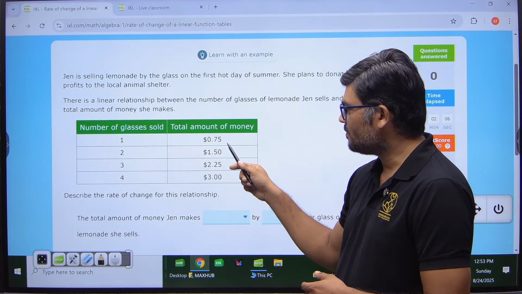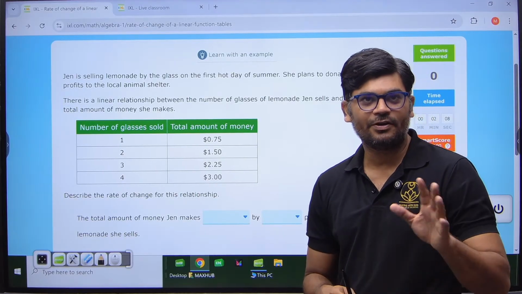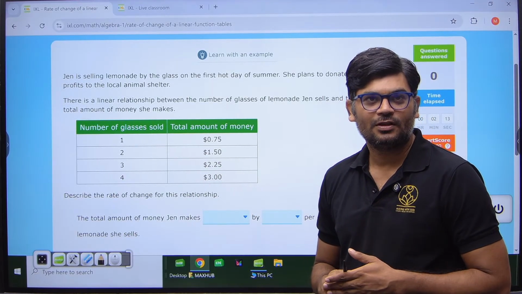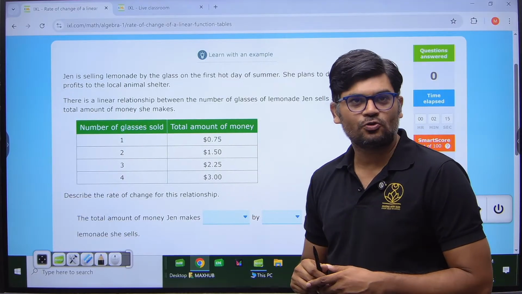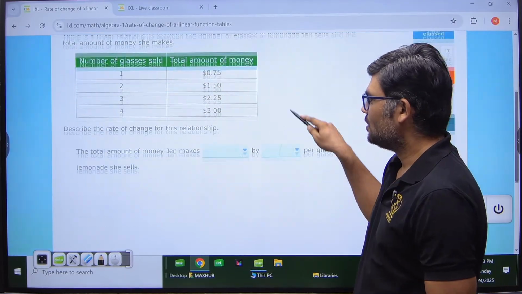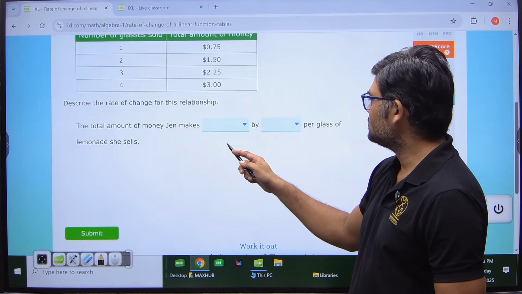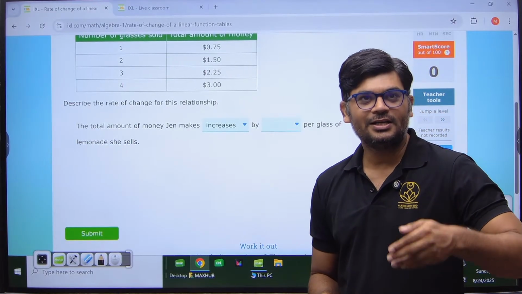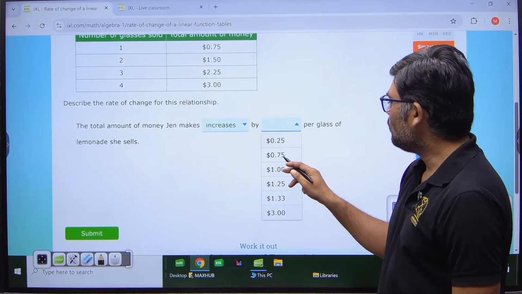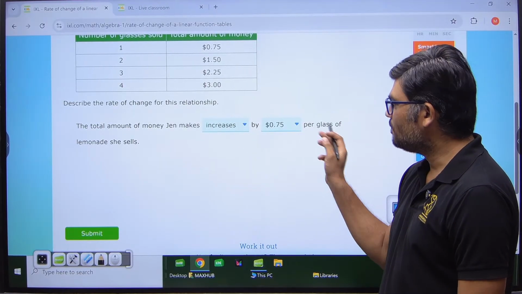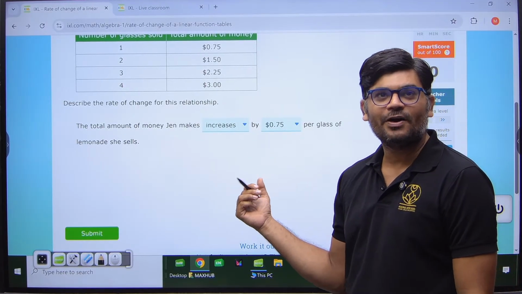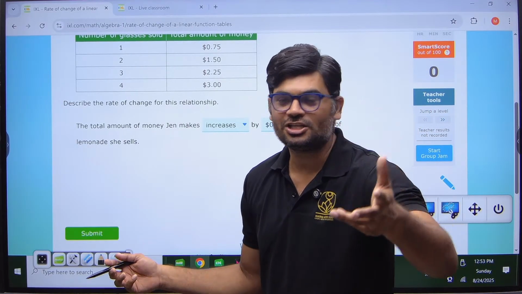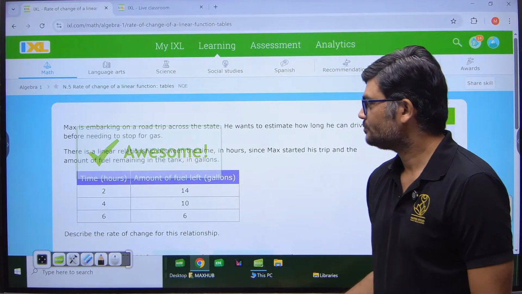Can you see it is being multiplied by the same number, 0.75 only? Yes. The double of 0.75 is 1.5. The triple of 0.75 is 2.25. It goes like that. So the total amount of money Jen makes increases. Are you getting it? It is increasing. Yes. By what dollar? $0.75 per glass. So 0.75 is the rate at which it is changing. Are you getting it? Yes.